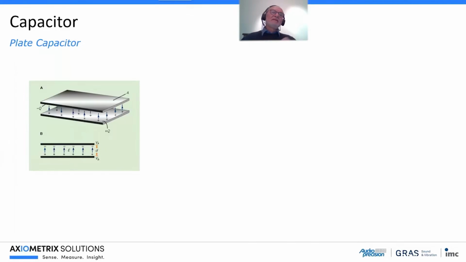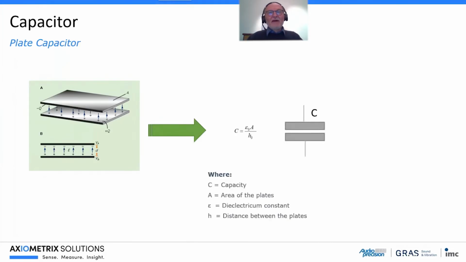These two plates are charged with electrons. If we go a little further, there's a nice little formula here, so we can calculate the capacitance of our plate capacitor. The capacitance is equal to the area of the two plates times the dielectric constant.